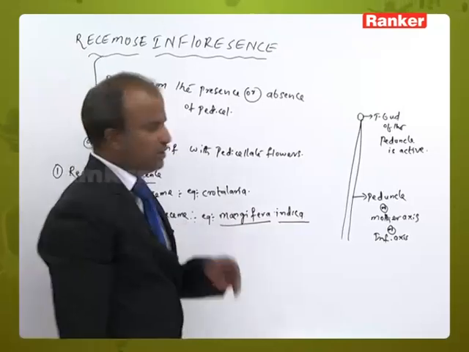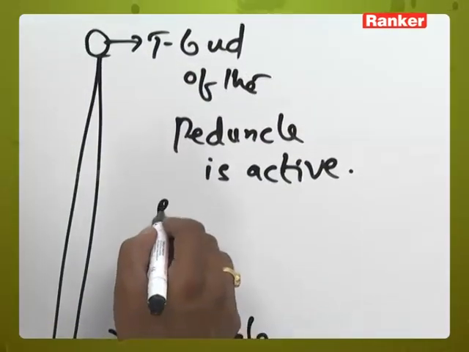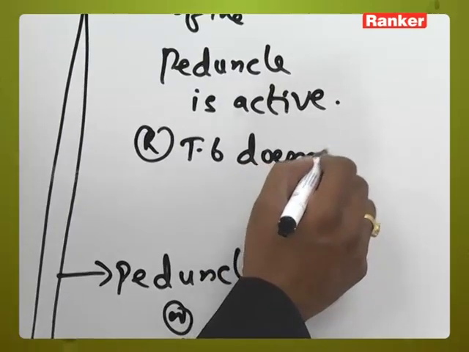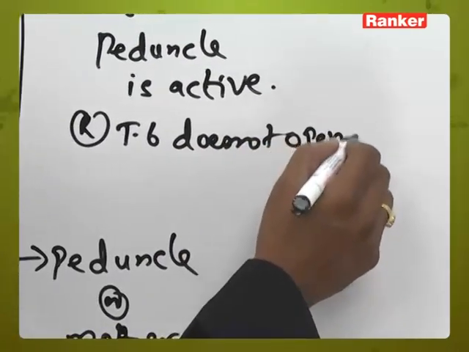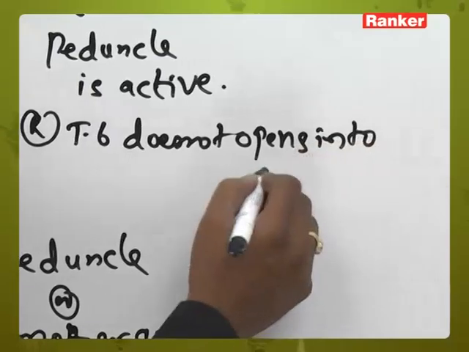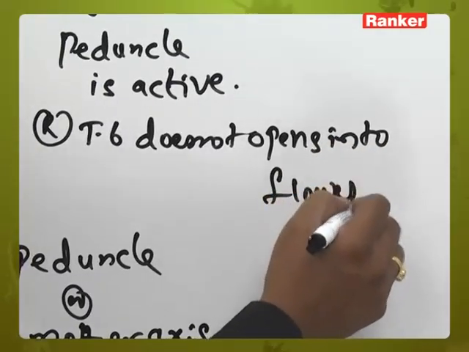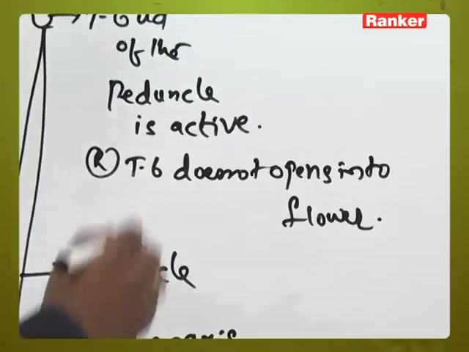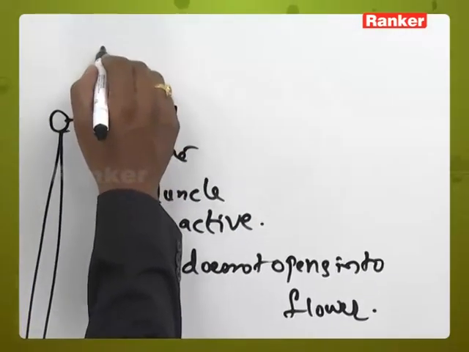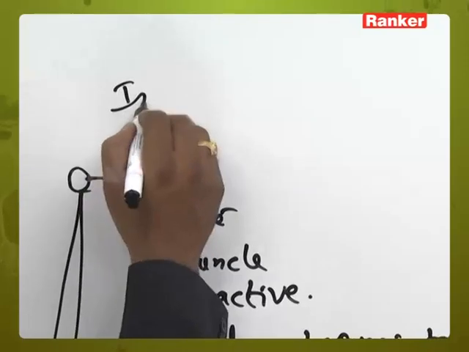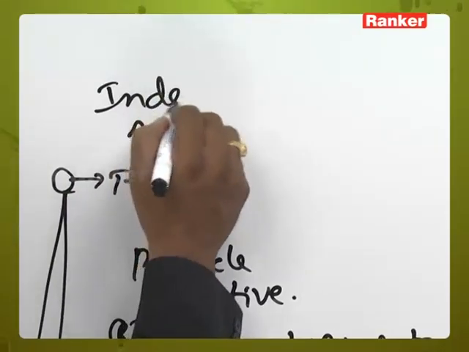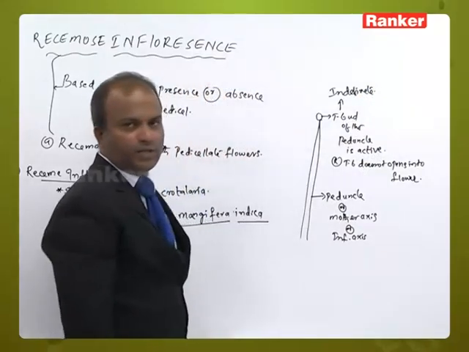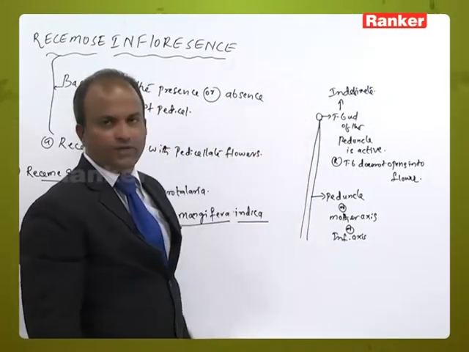Why? Because the terminal bud does not open into a flower. That means the growth of the terminal bud is of the indefinite type.